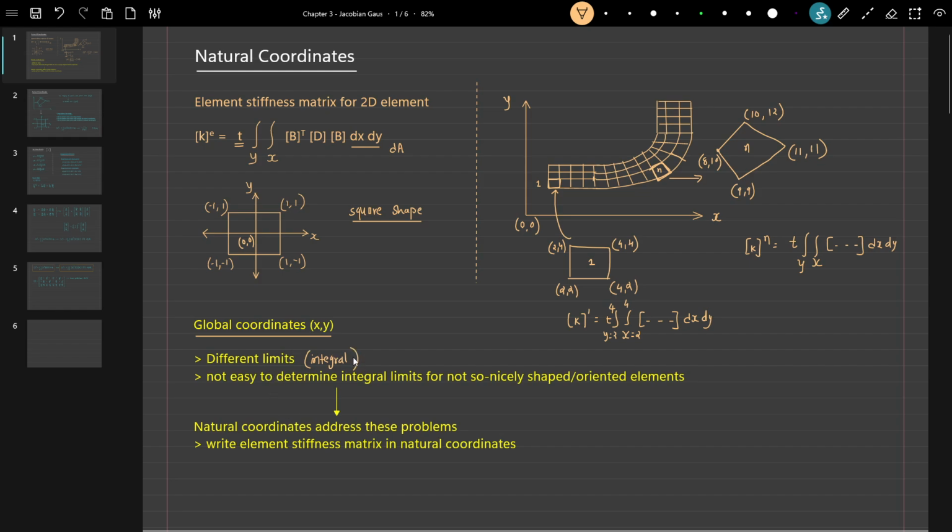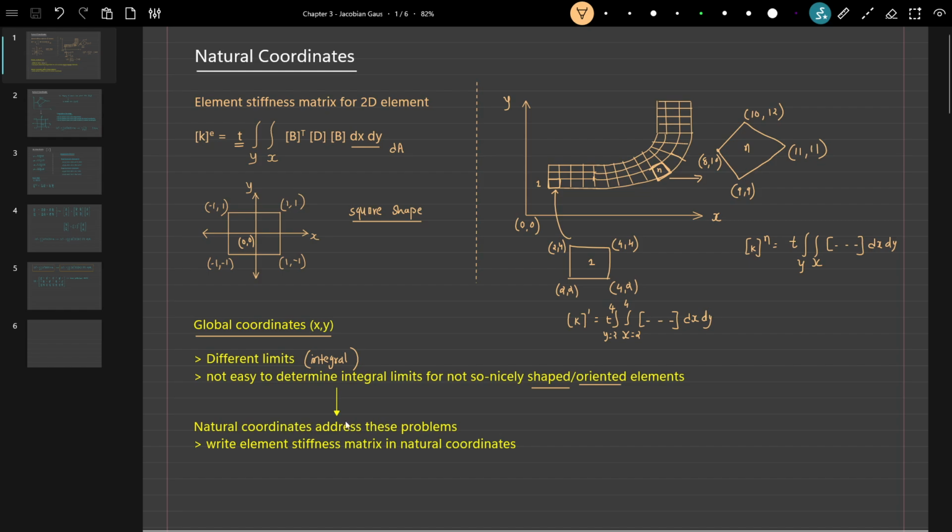So this is not a big problem, but it is not easy to determine these double integral limits for not so nicely shaped or not so nicely oriented elements, as we have seen in this example. So these are the two issues, and that's where the natural coordinates concept comes into the picture.